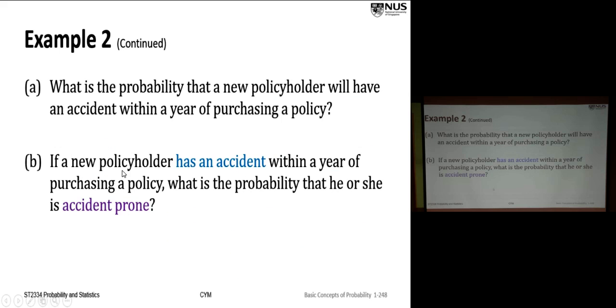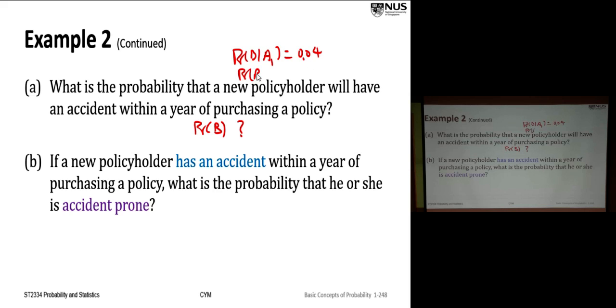With all this, we can answer the question: what's the probability that a new policy holder will have an accident within a year of purchasing the policy? In other words, we are asking for this probability, with no condition. What is the chance that this new policy holder has an accident in the coming year? What we know is that if he is from the A1 group, the chance is 0.04.